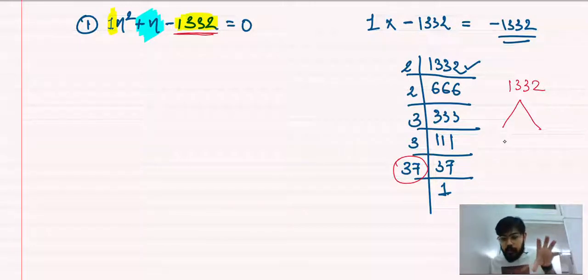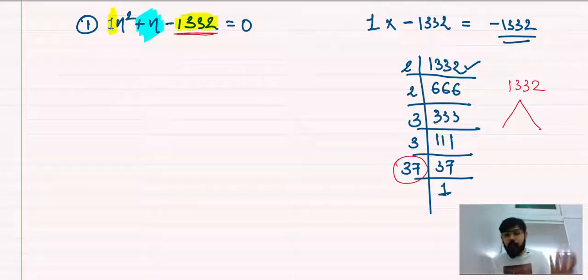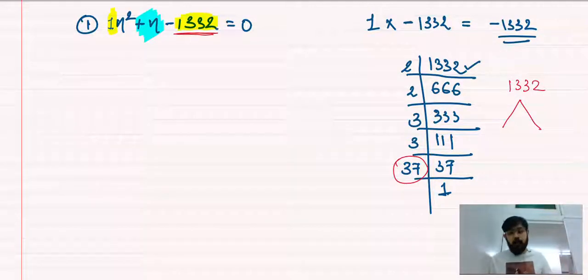That is, the values of the two factors should be very close by, so that their sum or difference is 1. Now see, the sum cannot be 1 because both the numbers will be greater than 1. So how can their sum be 1? Their difference has to be 1. And if their difference has to be 1, that means the two numbers should be very close by.